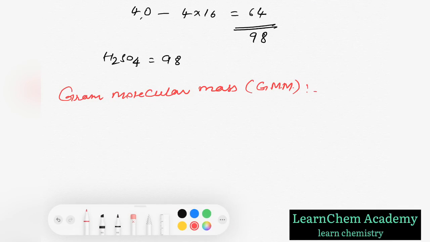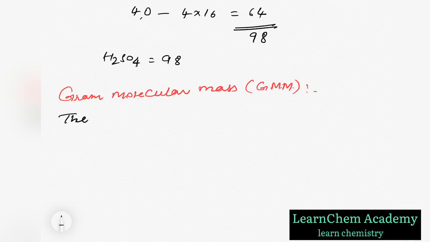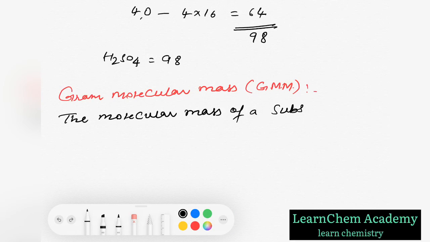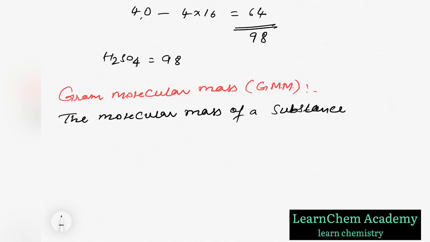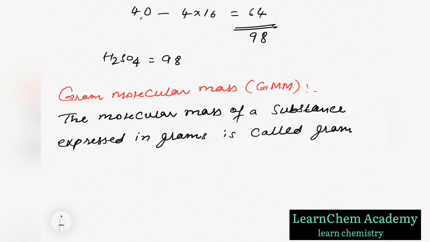So we can write: the molecular mass of a substance expressed in grams is called gram molecular mass.